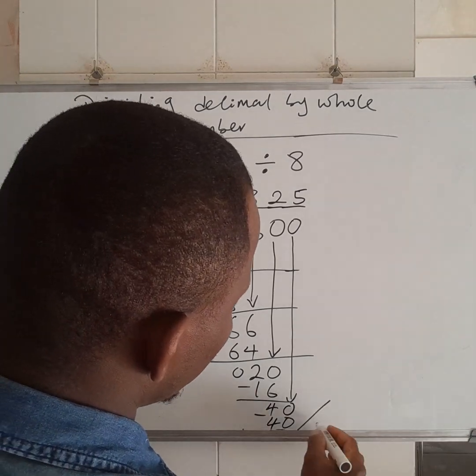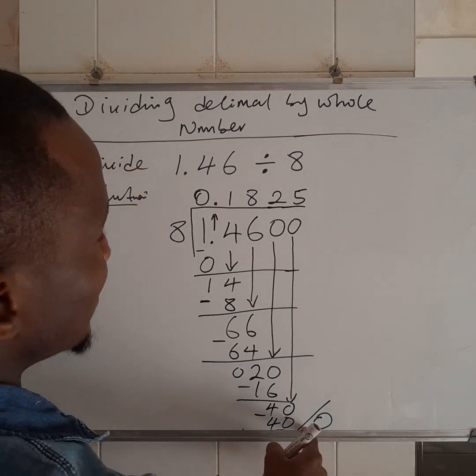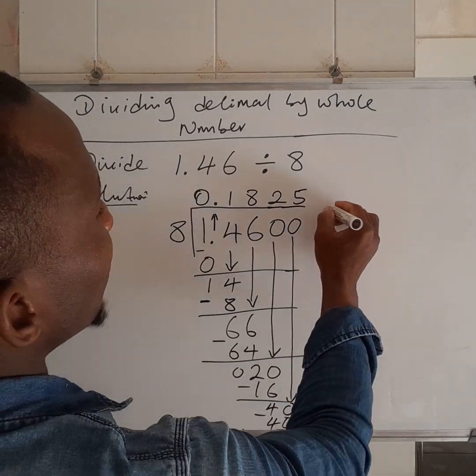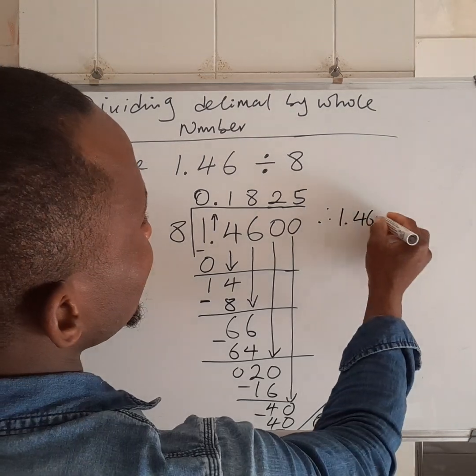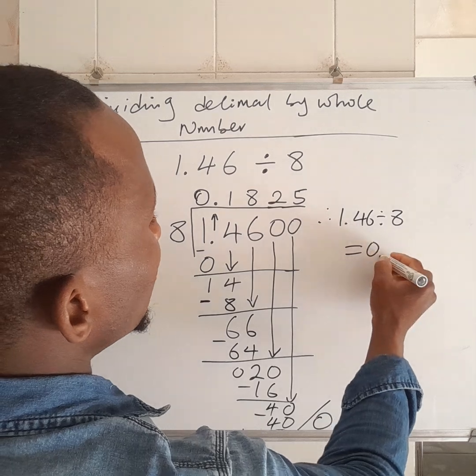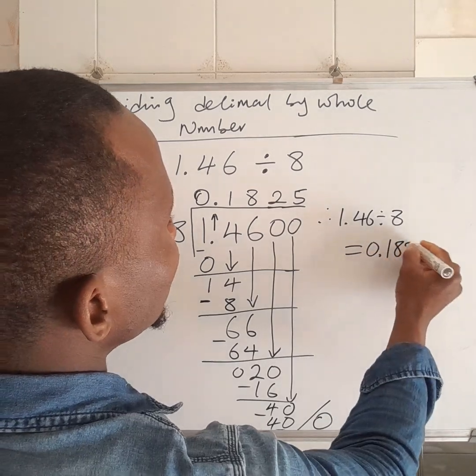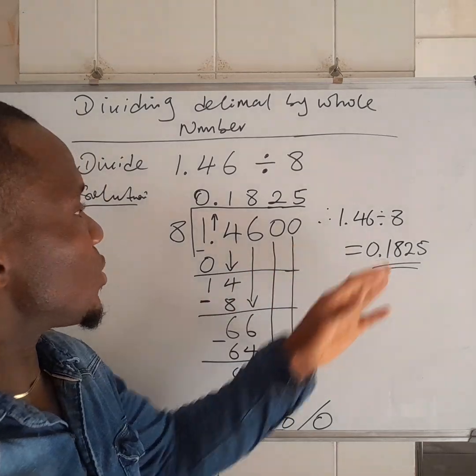Okay, so when you subtract, you have 0. Okay, so this is the end of this division. Therefore, when you are dividing 1.46 by 8, your solution is what? 0.1825. So press your calculator, and this is what you have.